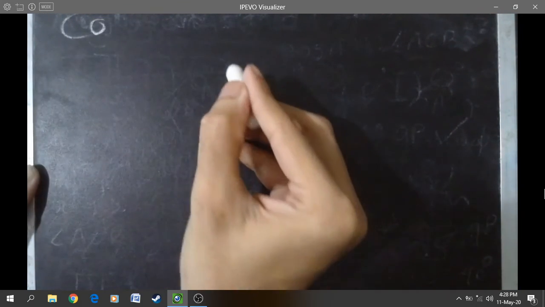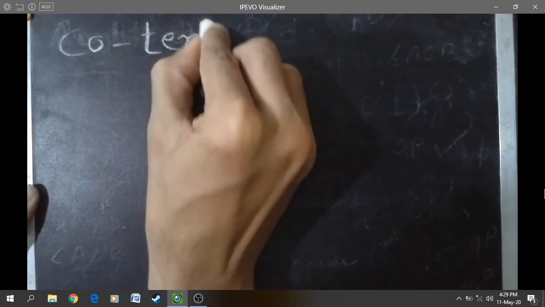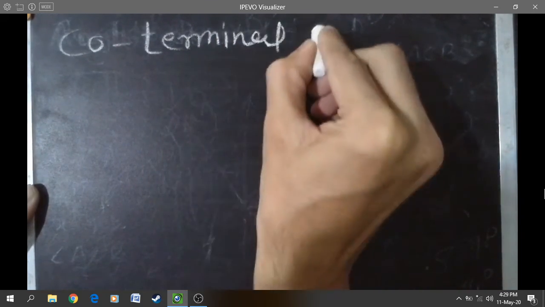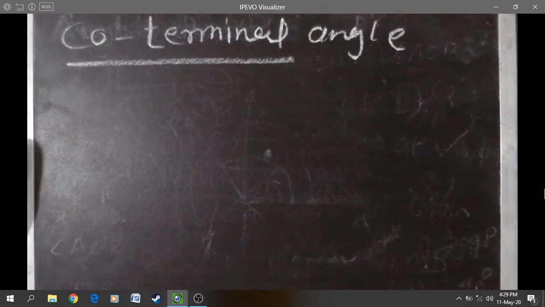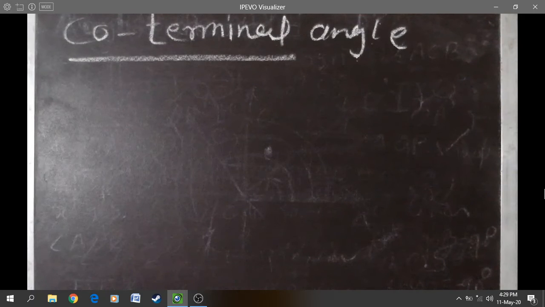What are the coterminal angles? Let's study what is meant by coterminal angle. Coterminal means the directed angles of different amounts of rotation having the same position of initial rays and terminal rays are called coterminal angles.